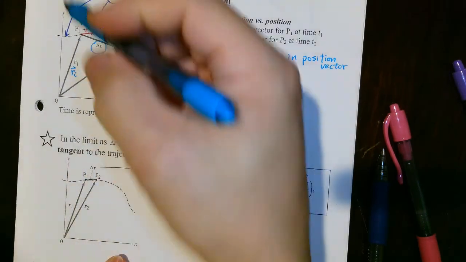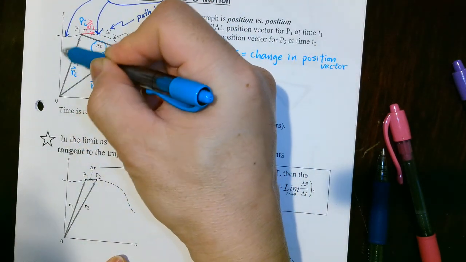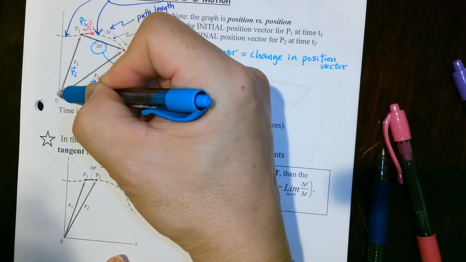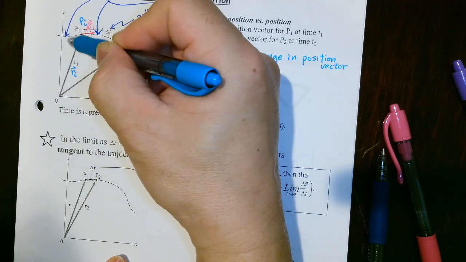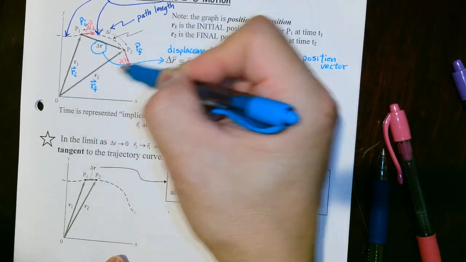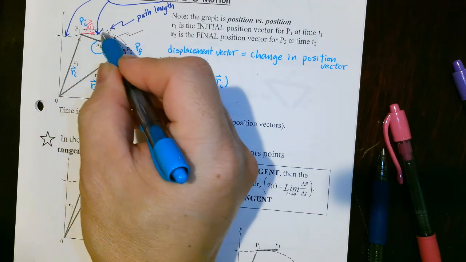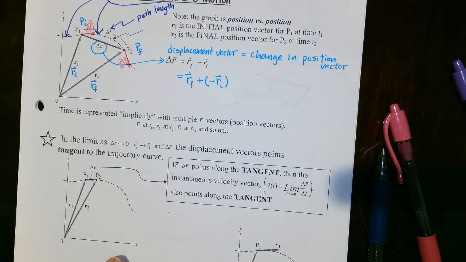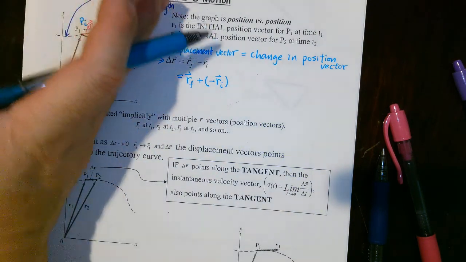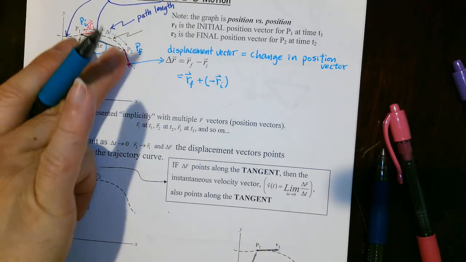If you want, you could literally break this up into individual times, t1, t2, t3, t4, t5, t6, and all these times will produce different position vectors at those times. It will just fan out at infinitesimally small time periods.